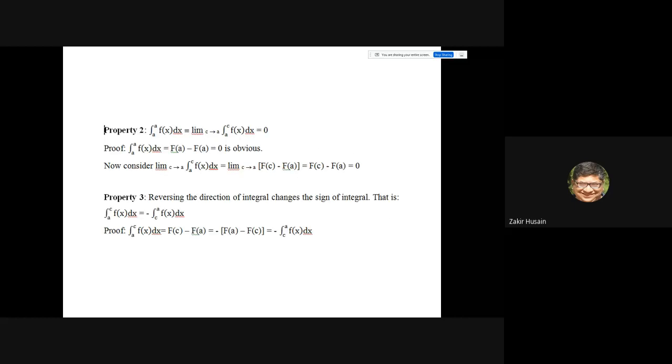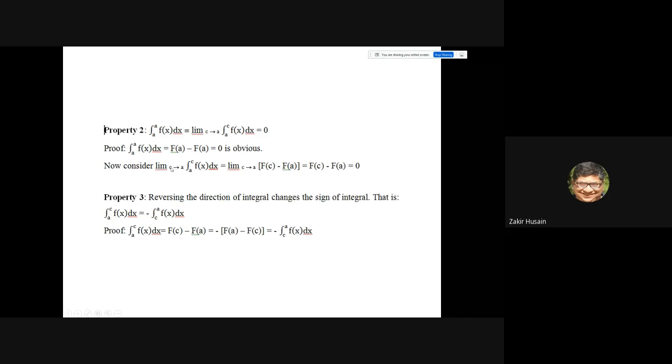The next property is the integral from A to A. This is identical to the limit as C tends to A of the integral from A to C. The proof again is that if you look at A to A, then this is obviously F(A) minus F(A), which is equal to 0.